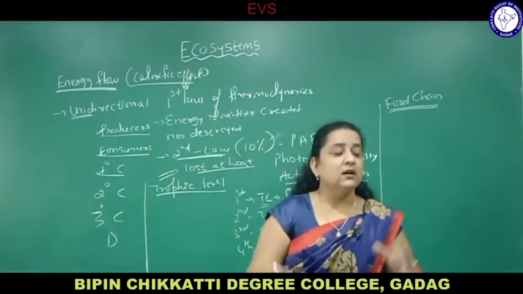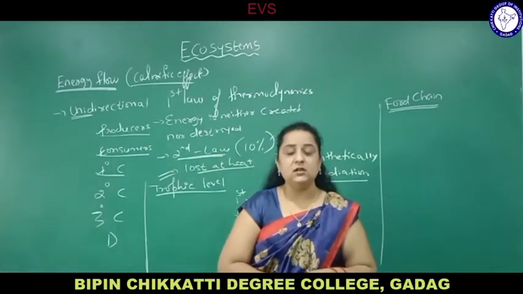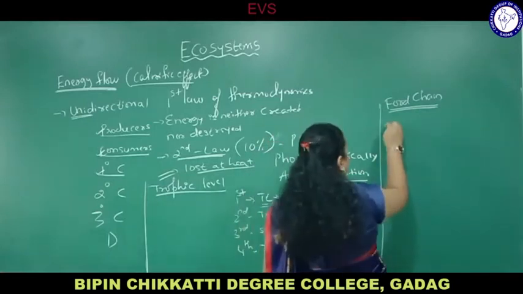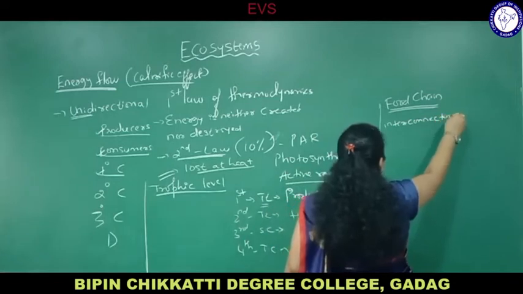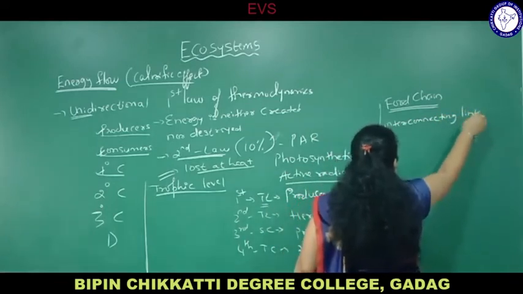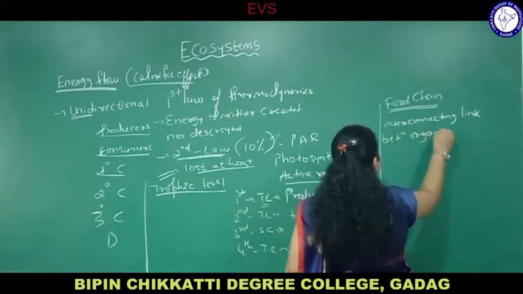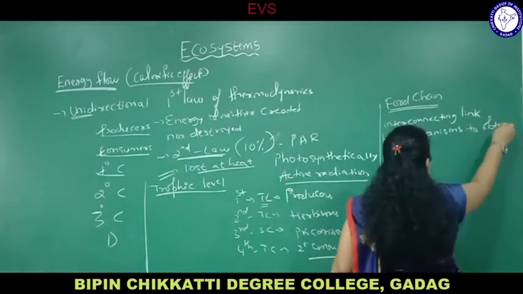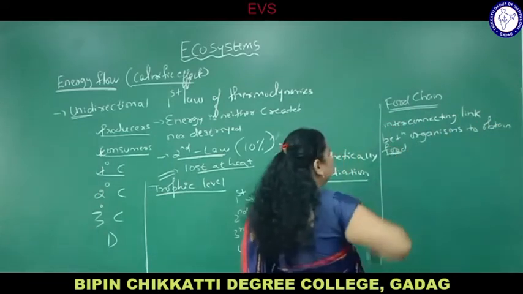It means that a number of organisms are interconnected or depending on each other to obtain food, which is called a food chain. So it is an interconnecting link between organisms to obtain their nutrition or food.